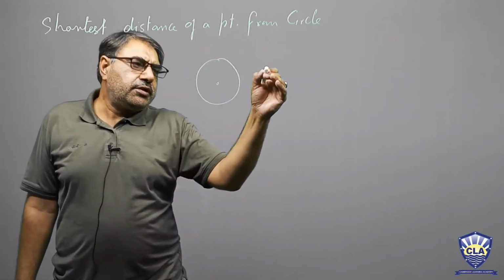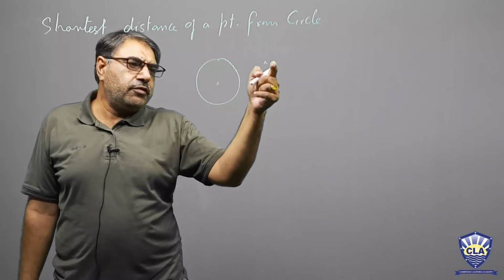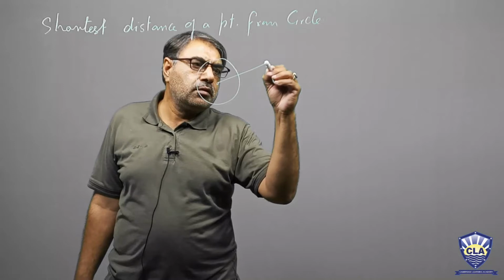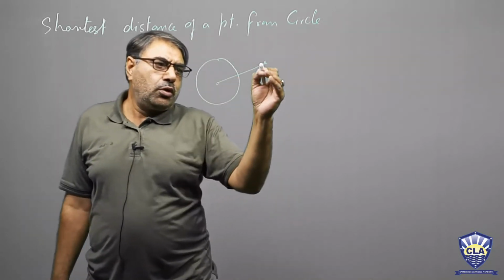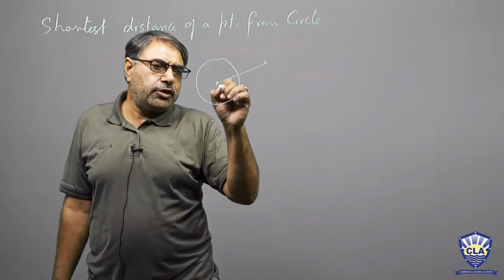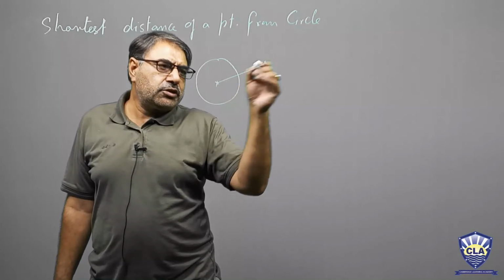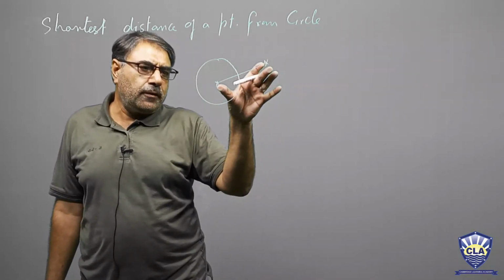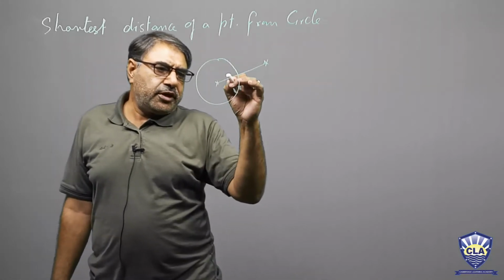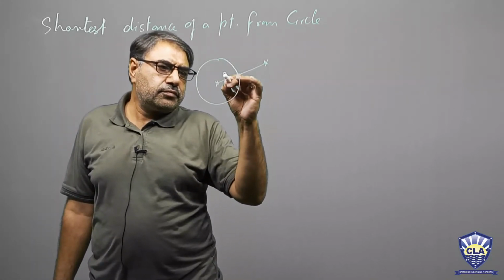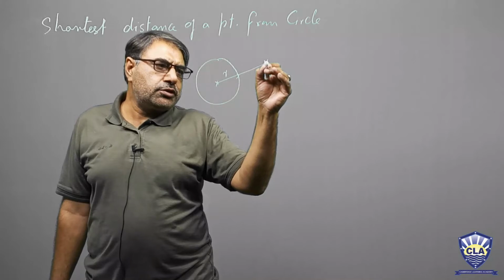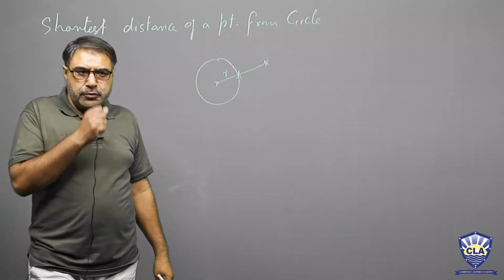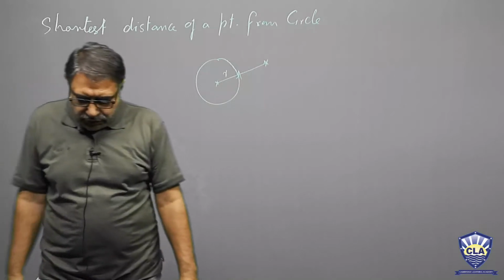The basic idea is this: if a point is given to you and the equation of the circle, first of all, center of the circle, measure the distance from center of the circle to the given point with the help of distance formula. Then subtract the radius. You will get the shortest distance of the point from the circle. So we will use this idea in this question.